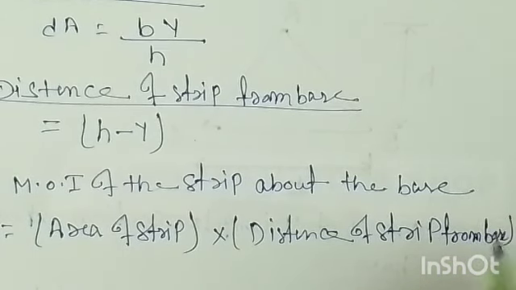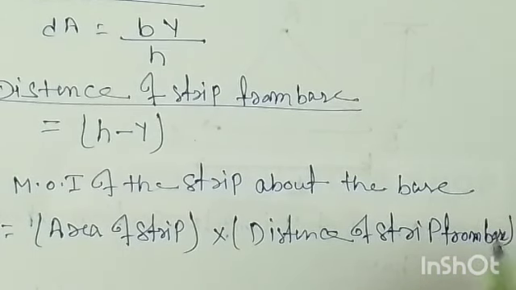So now you can see the area of the strip is b by h into dy. So now we have b by h into h minus y whole square into dy. This is the moment of inertia of the whole section. Wherever you have missed dy, you need to write it. So this is dy.